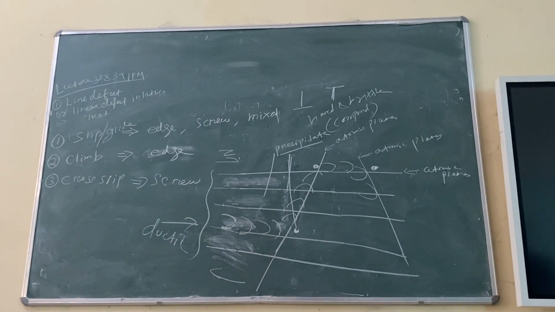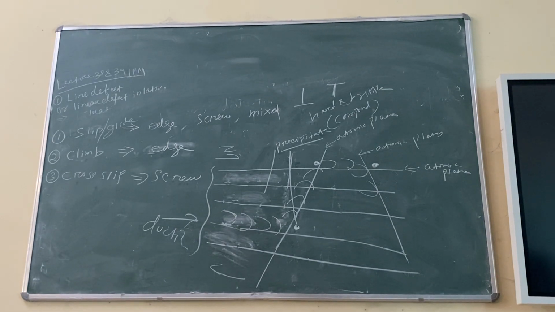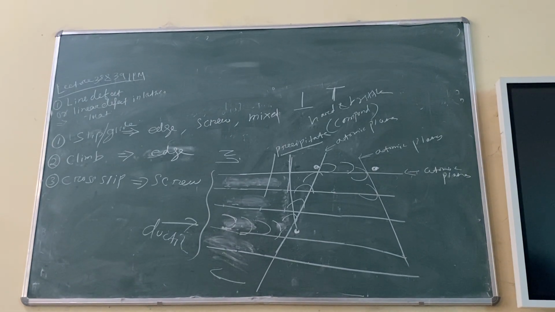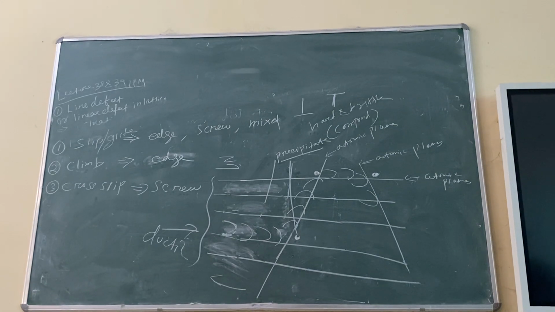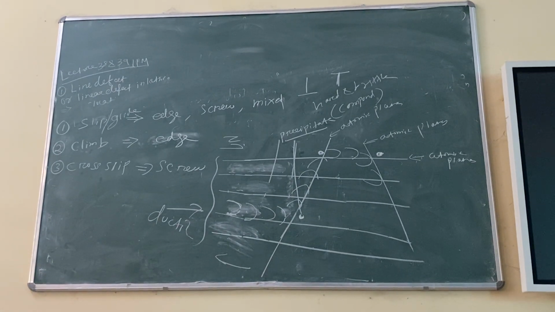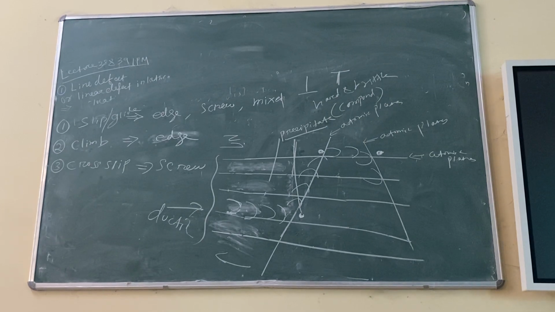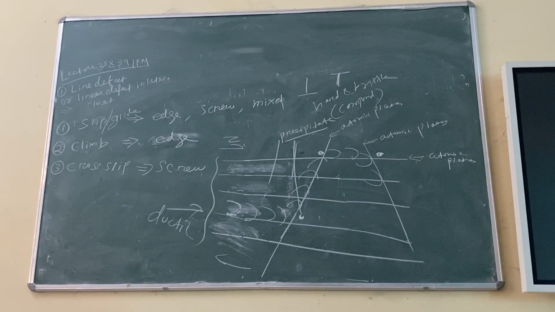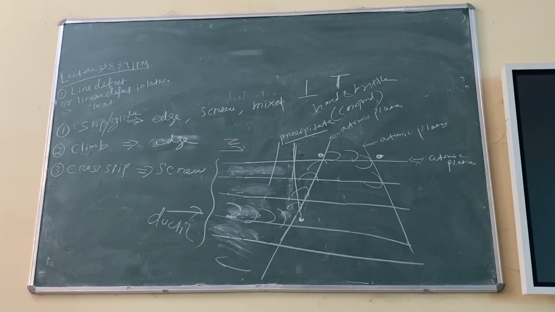Just by adding carbon. Carbon will go to the interstitial voids and it will provide more strain field. Why? Because the size of the carbon atom is bigger compared to the void size. So it will get more strain field. That's why the strength will be more.